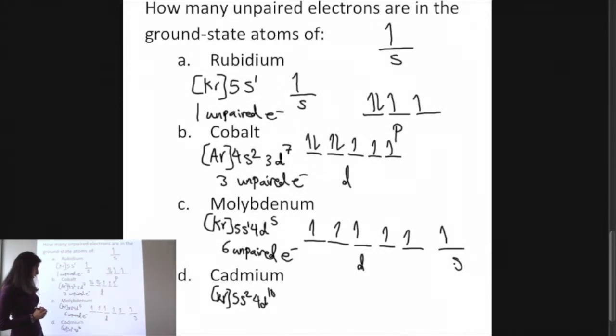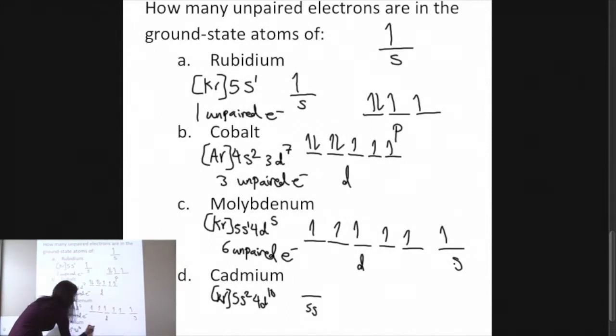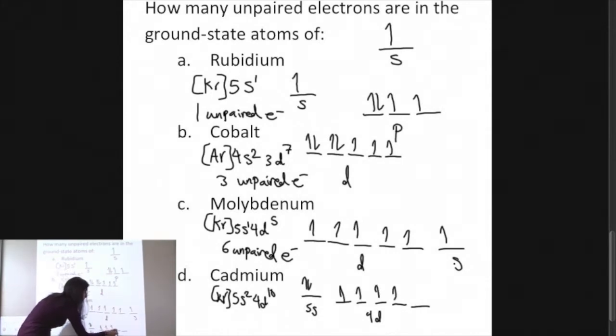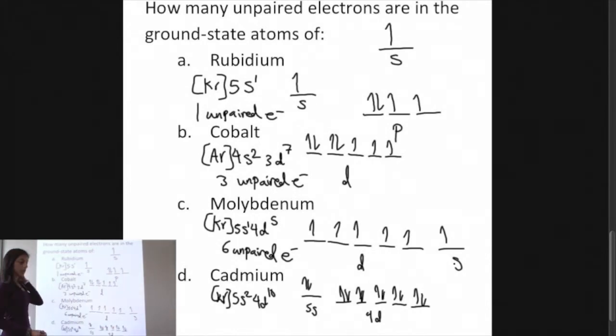Alrighty, and we have our 5s, which has 2 electrons in it, and our 4d, which has 10 electrons in it. So we actually have, for cadmium, I'm going to write it up here, 0 unpaired electrons.